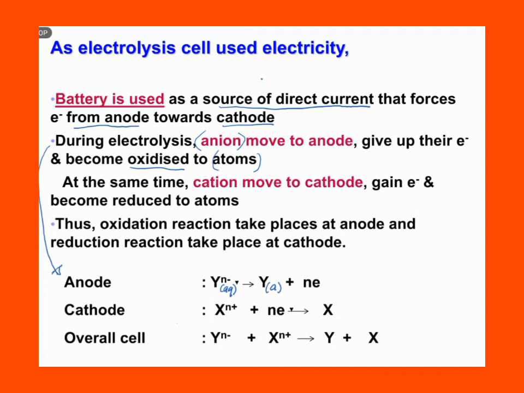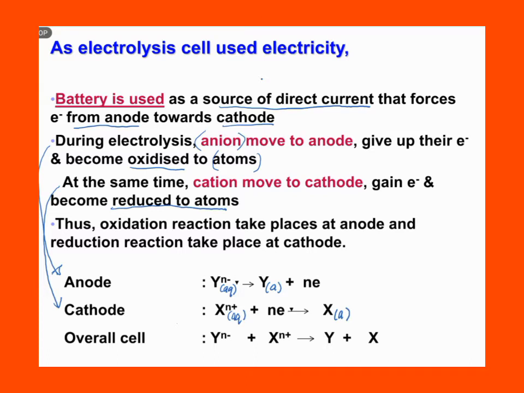At the same time, cations move to the cathode, gain electrons, and become reduced to atoms. We can write the equation at the cathode as X ion aqueous turns to X atom when it is reduced.